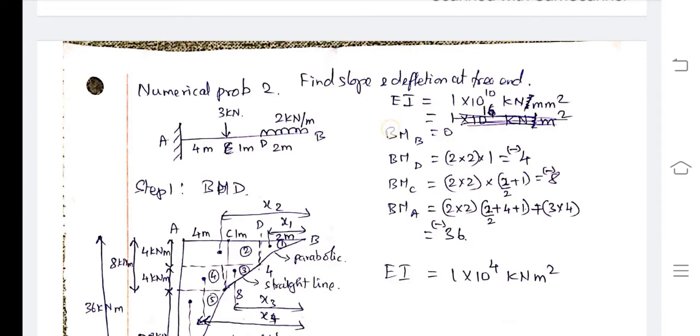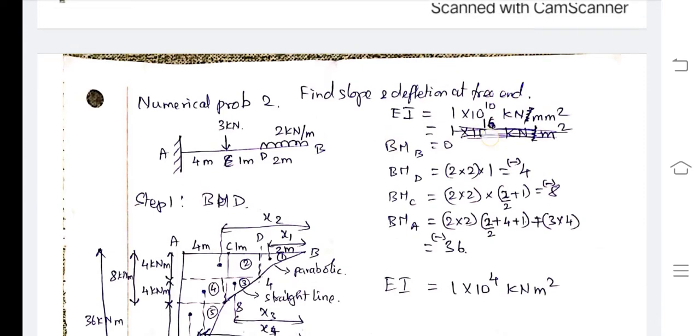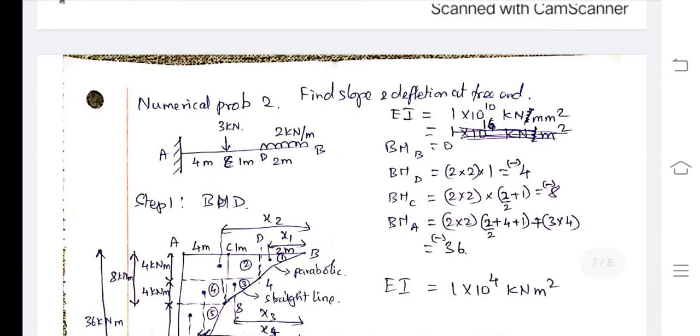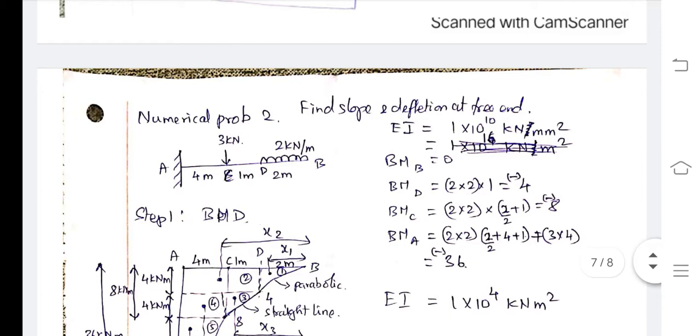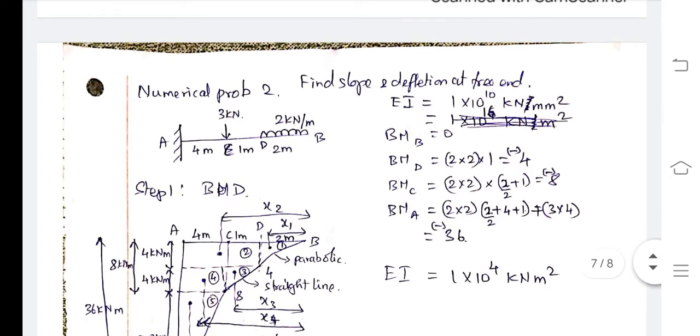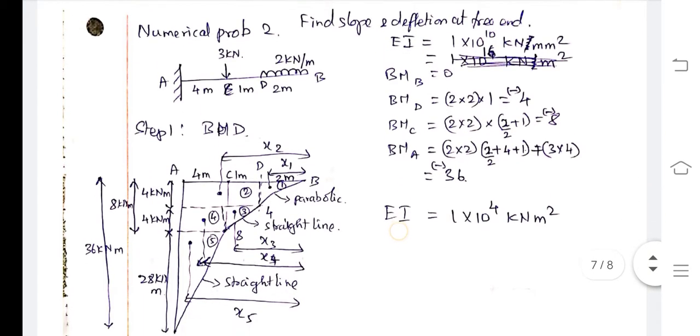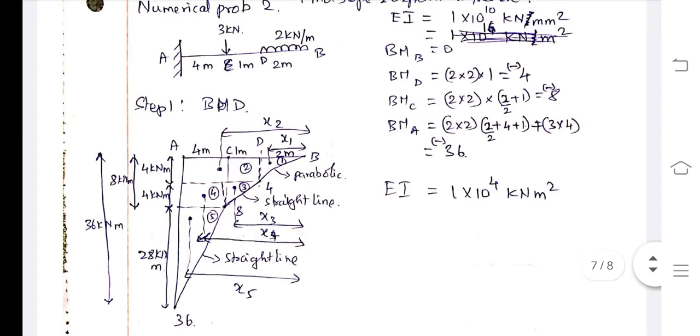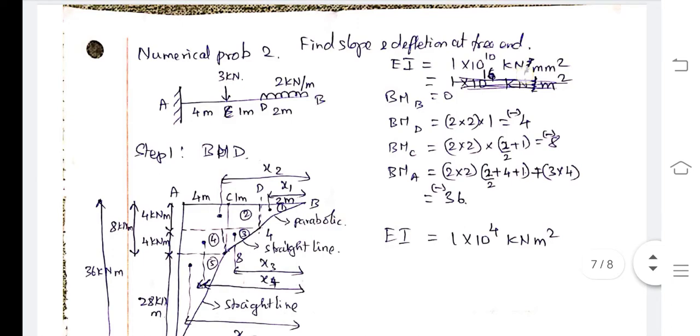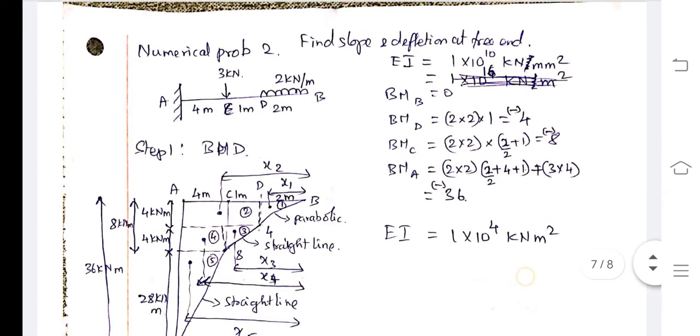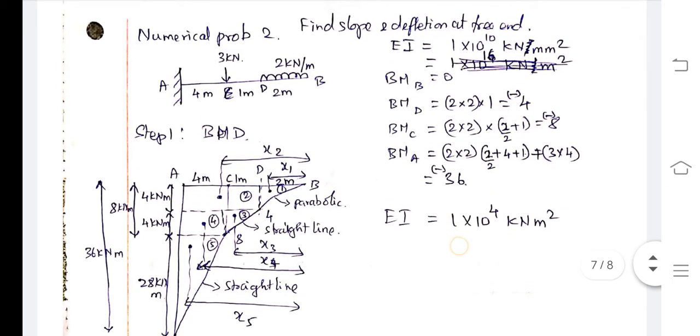Given that EI value is 1 into 10 power 10 kilonewton millimeter square. I am converting this EI into kilonewton meter square. So 1 into 10 power 4, which is nothing but millimeter square converted to meter square, into 10 power minus 6.